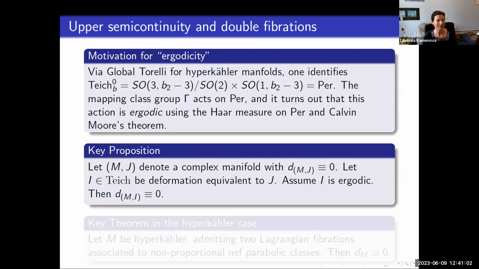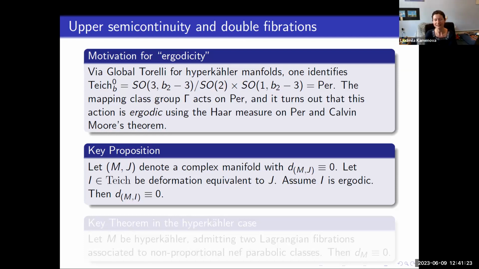So this given complex structure with zero Kobayashi distance is in the limit of some subsequence of these points in the orbit. So then the pseudo distance can only jump up, but it's already zero.